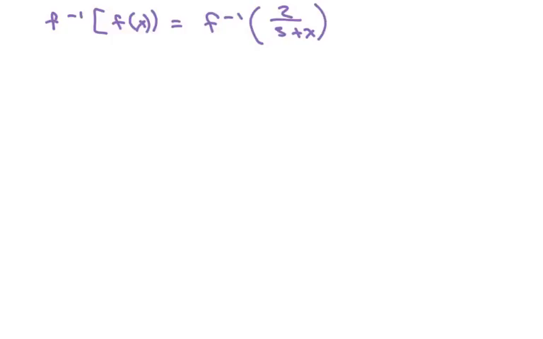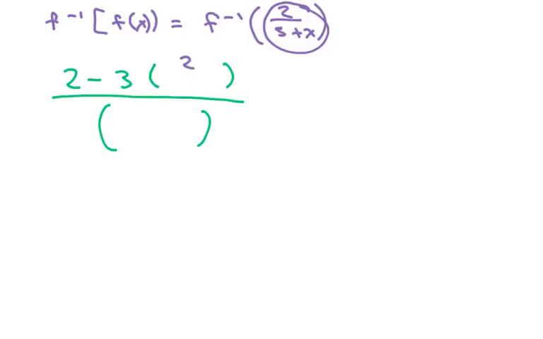So the other way, I'm going to write f inverse composed with f of x. So my f of x is 2 over 3 plus x. Now I'm going to write down my f inverse, which is 2 minus 3x over x, and I'm going to input, for my x, 2 over 3 plus x.